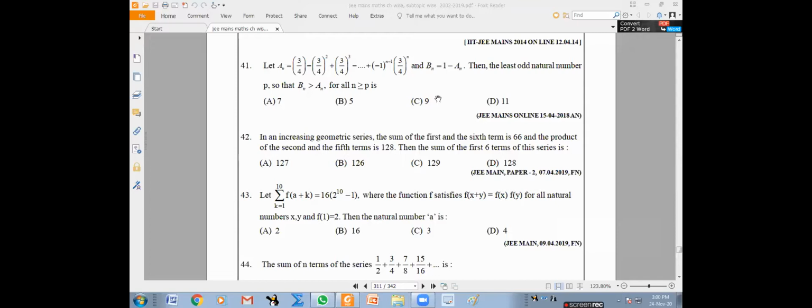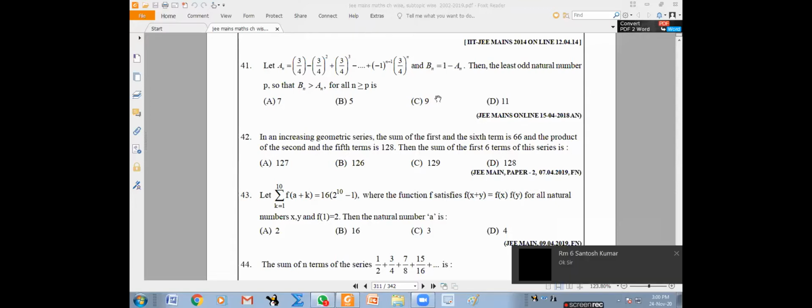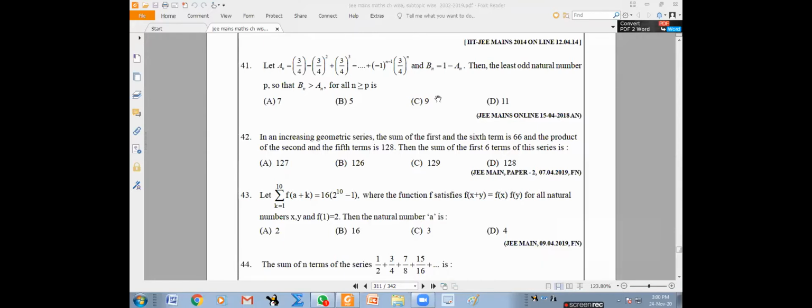Okay. What is An? Sum of n terms of a GP with first term 3/4, common ratio minus 3/4. So 3/4 into 1 minus (minus 3/4) whole power n by 1 minus (minus 3/4). That should be less than 1/2.